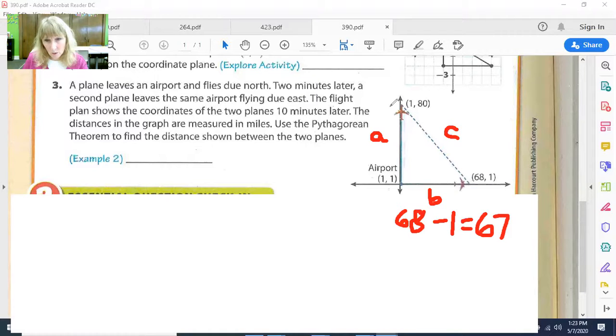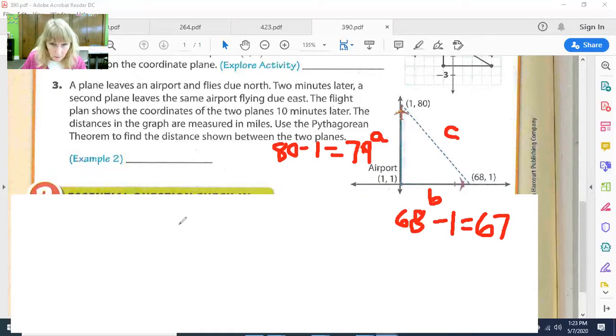Okay, the point here is that the ones are the same. The 80 minus the 1. So y2 minus y1 is 80 minus 1, which is 79. So A is equal to 79. So now we plug that in.